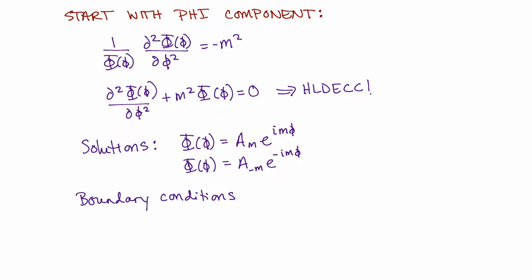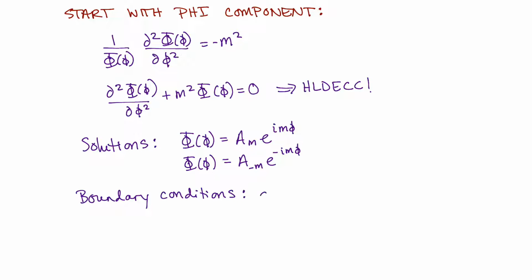So what we want is to have a nice continuous single-valued function. That tells us that our Φ of phi must equal our Φ at phi plus 2 pi.